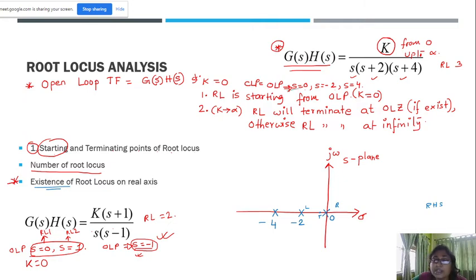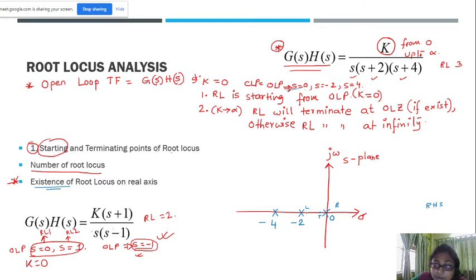The notion is that we will consider root locus to exist at a test point if the number of accumulated poles and zeros on the right hand side of the test point is odd. So 1 is an odd number, so this test point is on the root locus. That means root locus exists here.